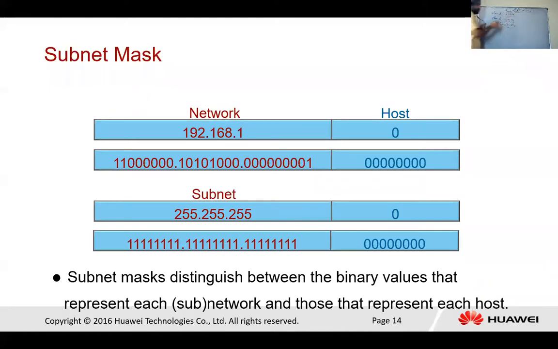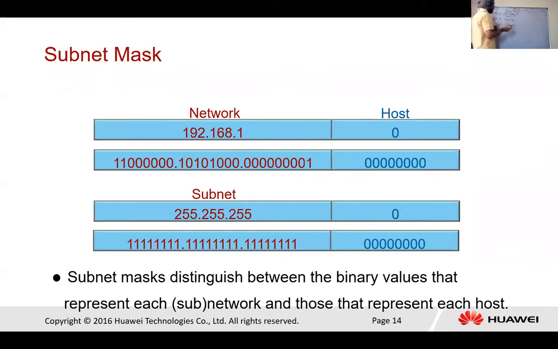The range of class A is from 0 to 126, class B is 128 to 191, and class C is 192 to 223. So the first octet value is 117, which means this IP address belongs to class A.